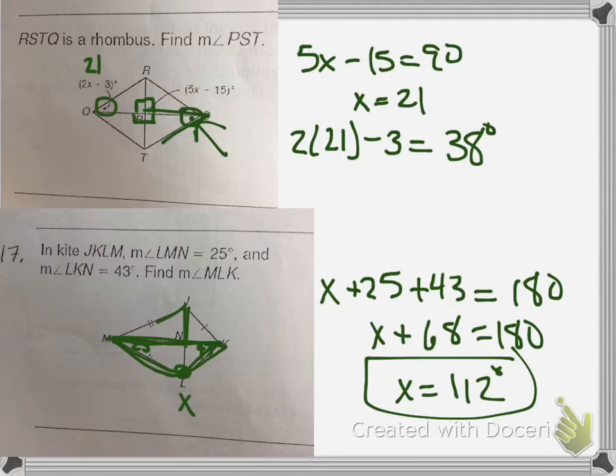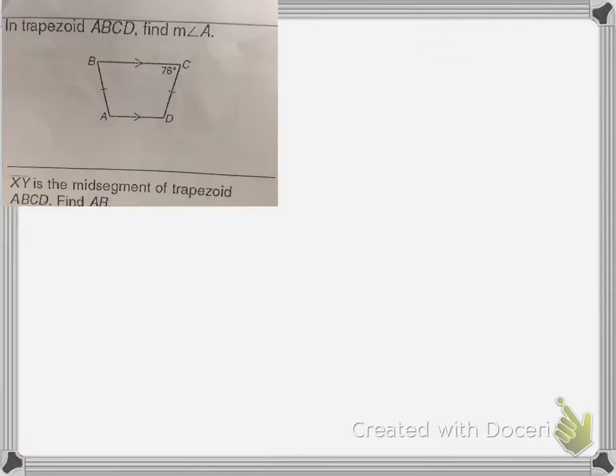Alright, in a trapezoid, find the measurement of angle A. On this one, all you have to do is keep in mind that in a trapezoid, no matter what, consecutive angles add up to 180. And next to each other on the same side, those are going to be congruent.